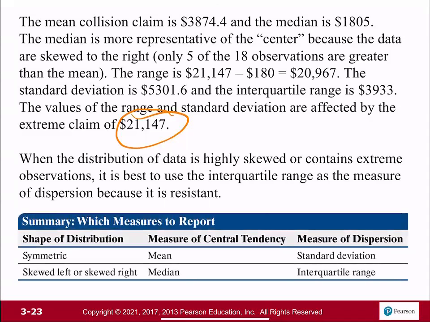All right, so looking at this, if we have a symmetric shape to the distribution, the measure of central tendency, mean, would be better, and the measure of dispersion, standard deviation. Whenever we have data that's skewed left or right, we're going to use the median as our measure of central tendency, and we're going to use our interquartile range as our measure of dispersion.